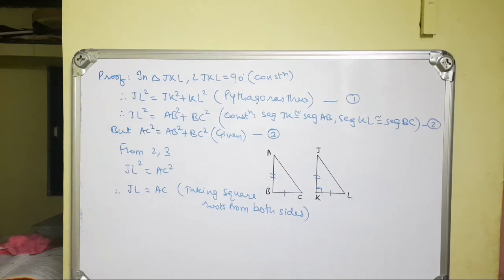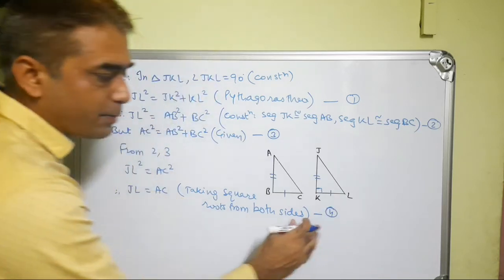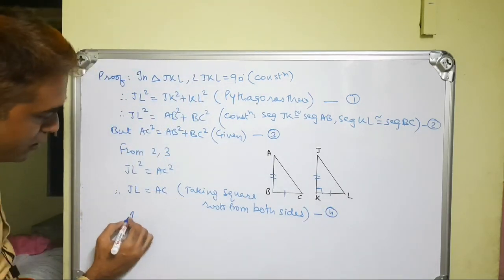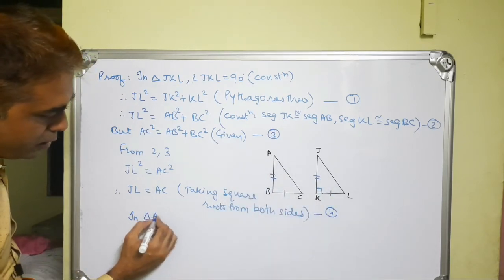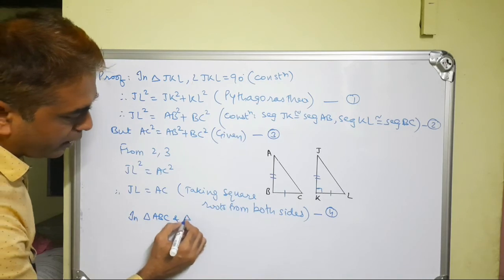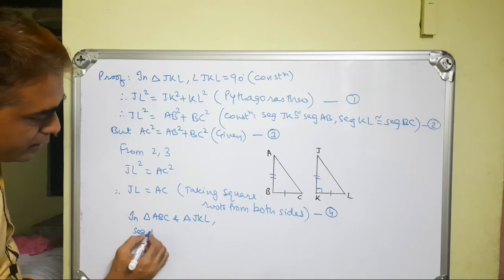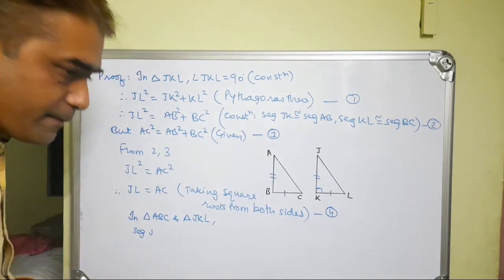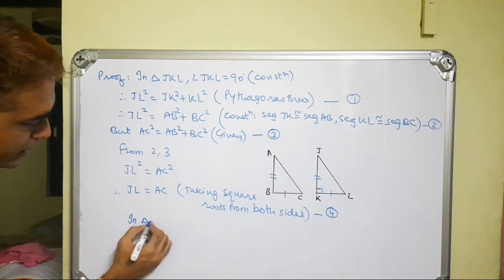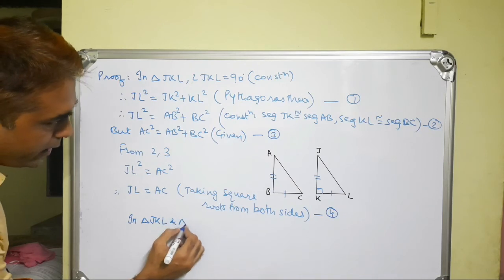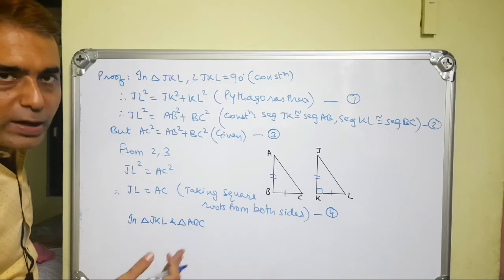Let this be statement number 4. Now in triangle JKL and triangle ABC, two pairs of sides are already congruent as per the construction.